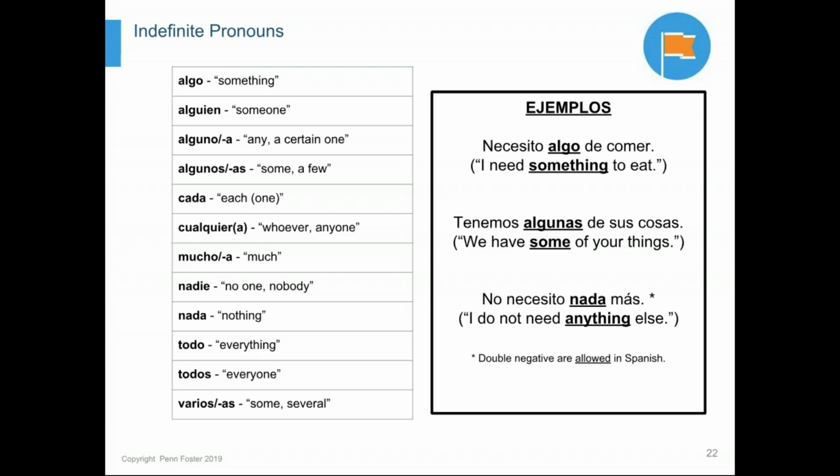So, I need someone, anyone, no one specific, someone unspecified, someone that's not exactly being pointed out. And you can see on your list on the left quite a few of these: something, someone, no one, nothing, everything, everyone, etc., etc. And some examples on the right, just showing their use within the context of a sentence.